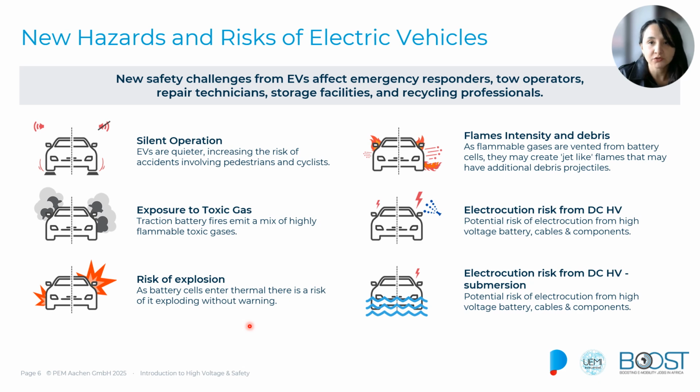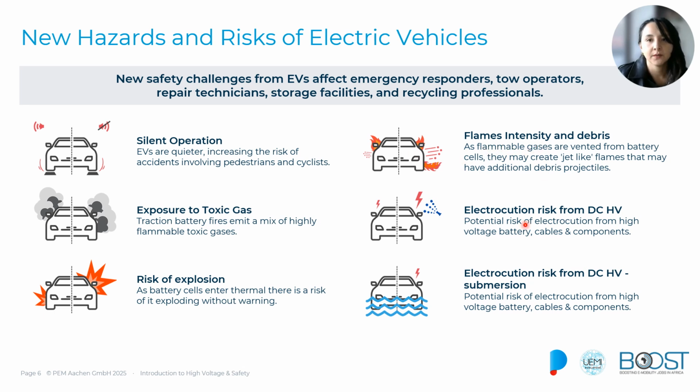Mitigating those requires robust safety mechanisms in the battery pack, such as pressure relief vents and fire-resistant materials that can contain the explosion and the flames that are generated there.